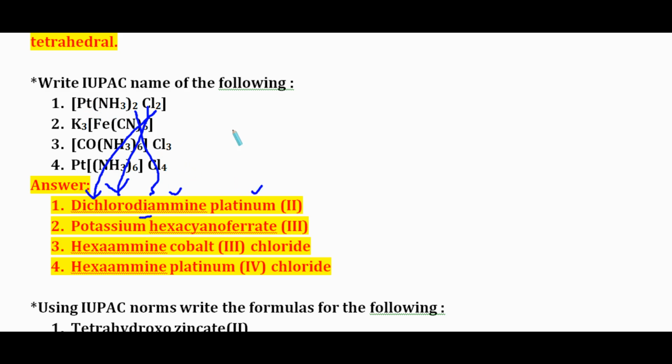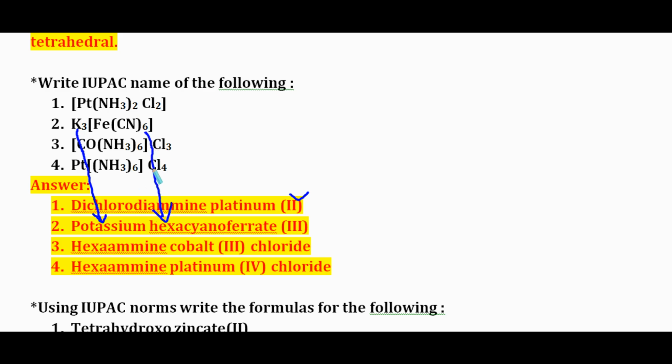Now, platinum and its oxidation number, how can it be found? Chlorine has -1 charge, 2 chlorines have -2 charge, it means platinum will have +2 charge, thus its oxidation number is 2. Now the name of this: first of all we take the name of potassium, so it is potassium.